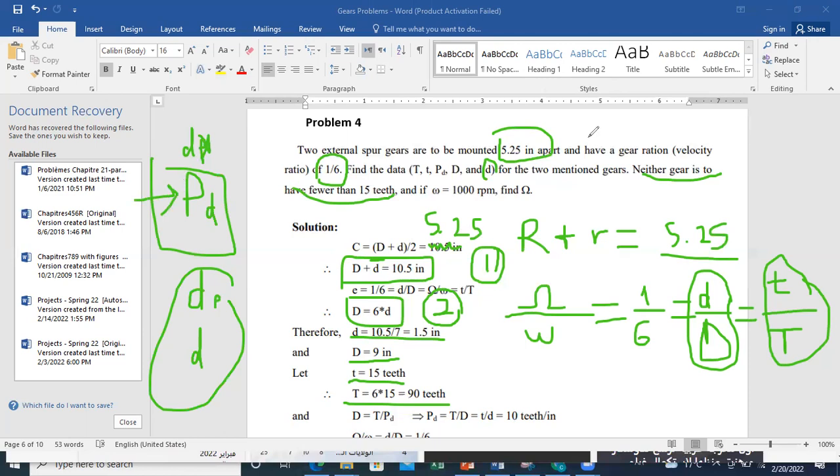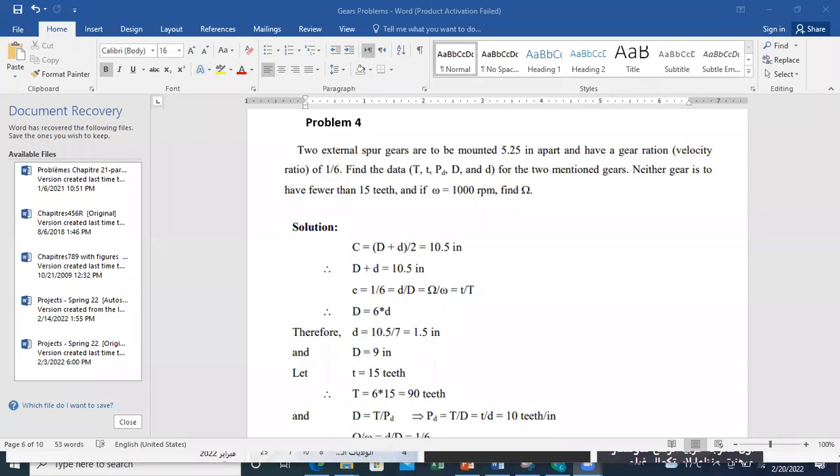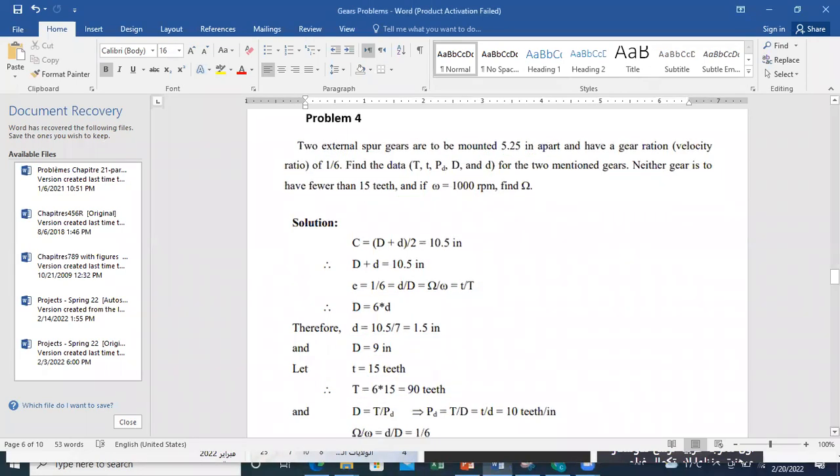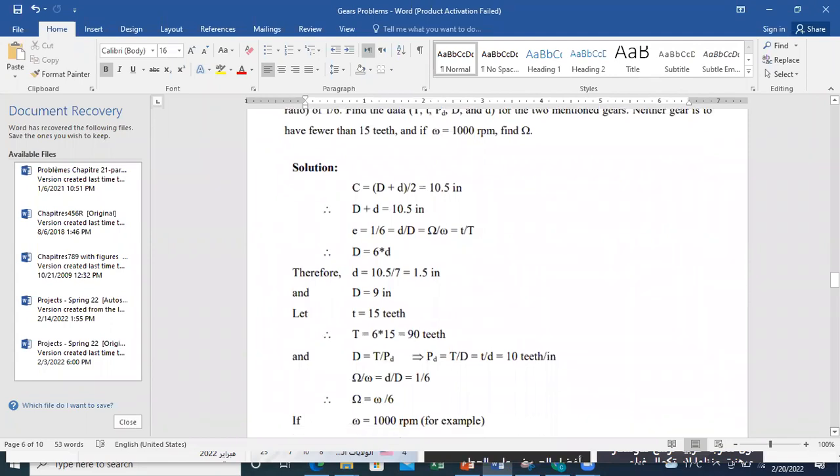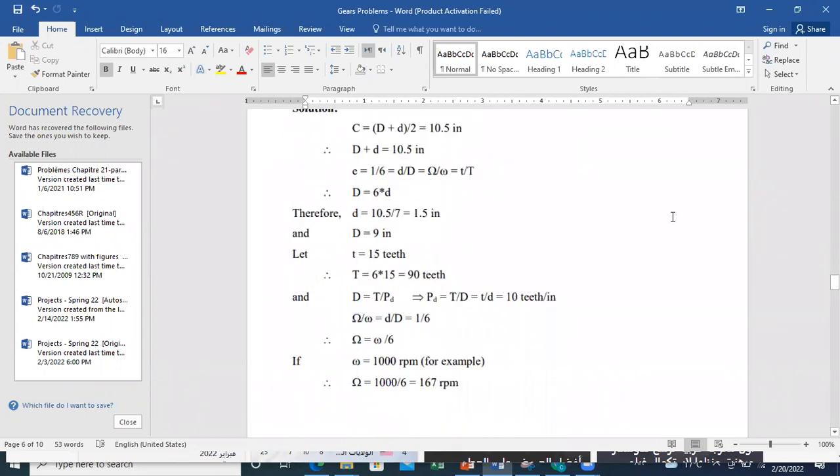So now, once we determine the number of T's, we can make sure that the diametral pitch is of course the same for both, because we said whenever we have 2 gears in mesh, they should have the same diametral pitch as a condition.